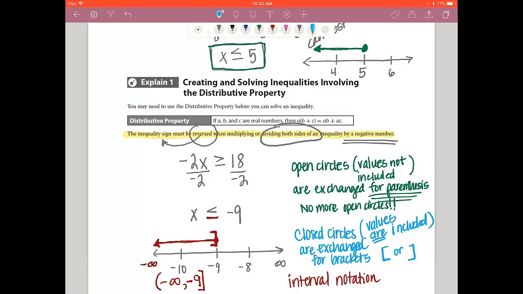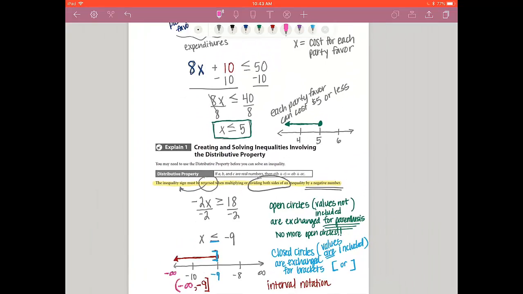And brackets signify a closed interval, meaning a closed circle or an included value. Since negative 9 is included, we'll use a bracket to close in on negative 9. Since negative infinity is not a value that we can close in on because it's not a value, we use a parenthesis.